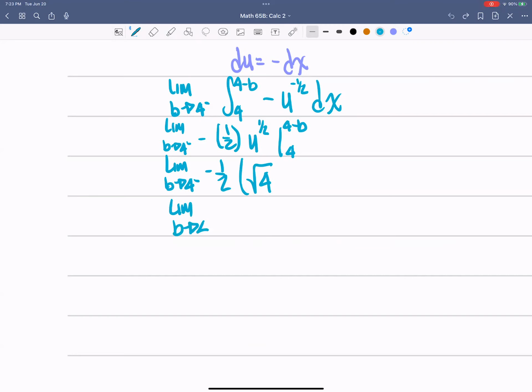Actually, I don't think we need that last one. Minus the square root of 4 minus b, which for b we could actually plug in 4 now. So that would be 0. So negative 1 over 2 times the square root of 4 minus 0, or actually 2 minus 0. So this would end up being negative 1.